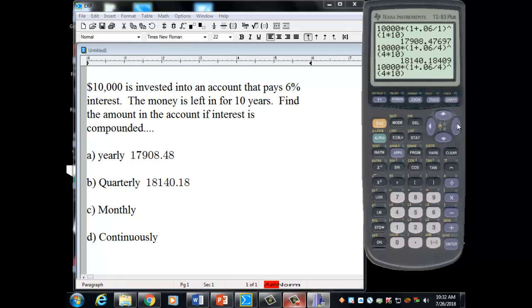If you're going to do it monthly, switch the 4 to a 12. Get a syntax error? The parentheses is backwards.